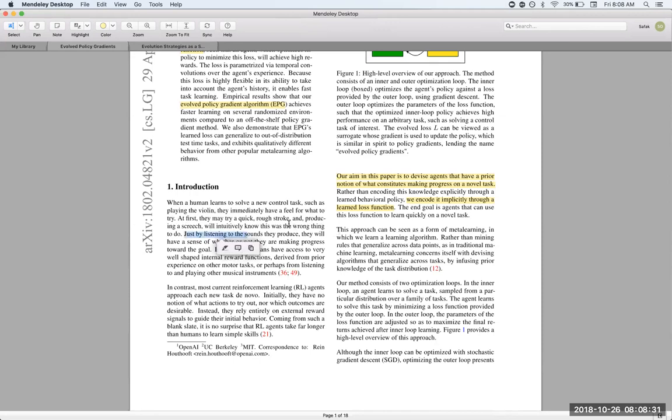So basically, humans, when they're trying to learn a new task, like playing the violin, they already have some kind of prior knowledge before they pick up the violin. They have been exposed to classical music, or maybe they have learned some similar task, like maybe playing the piano. So they have some knowledge of good sounds versus bad sounds, or harmony and cacophony.